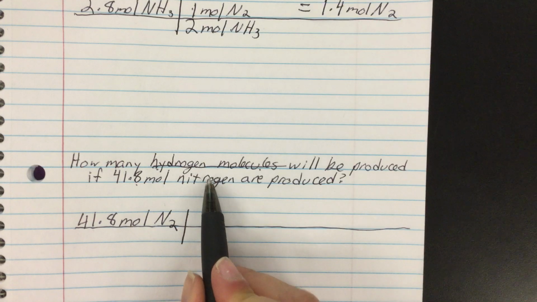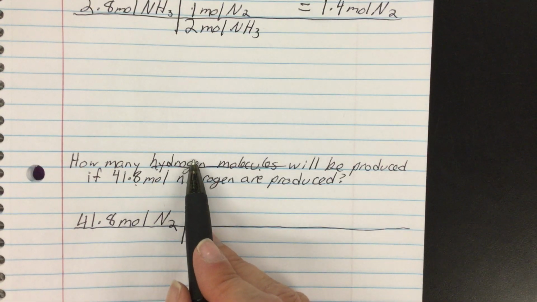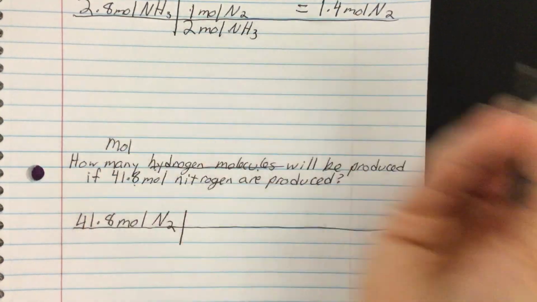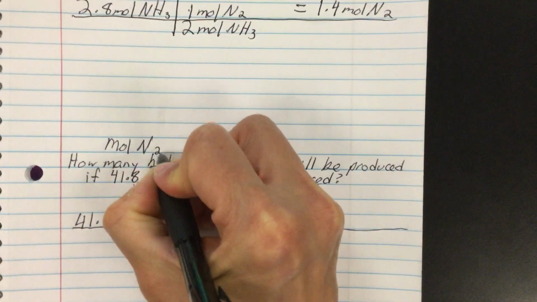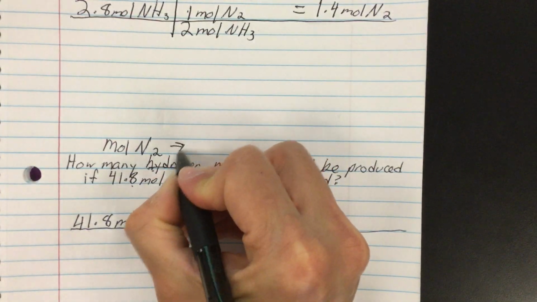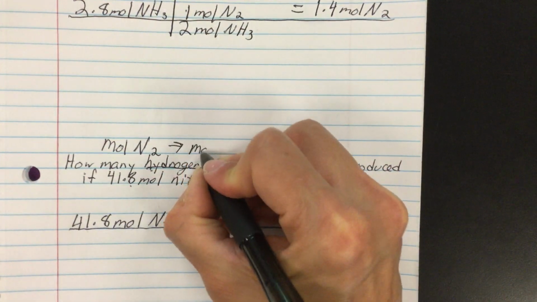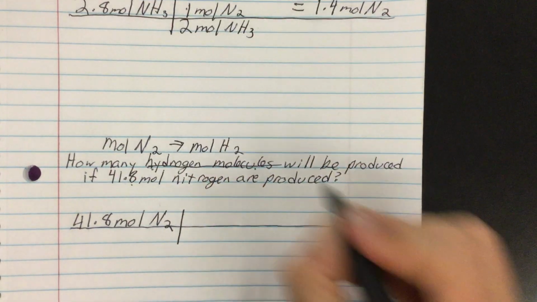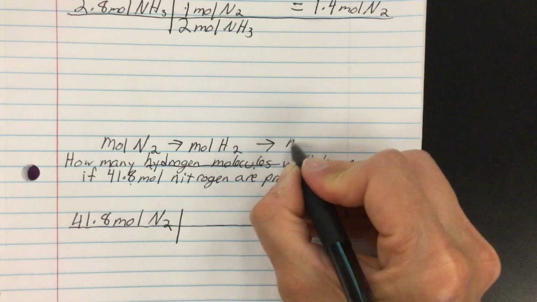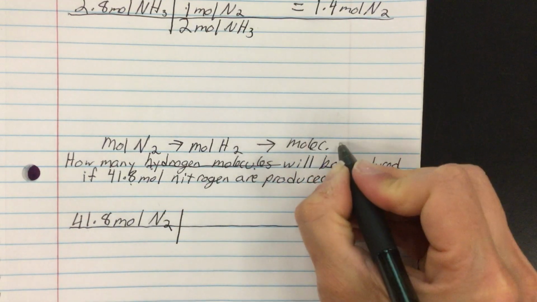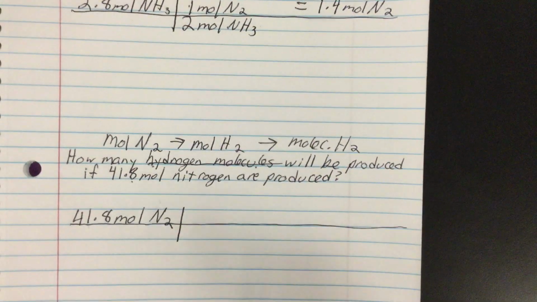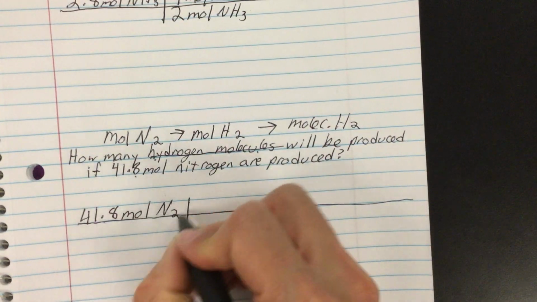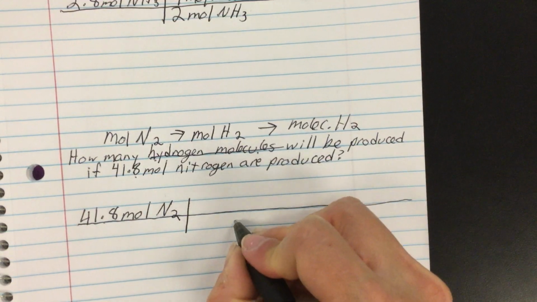Okay, we need to get to hydrogen molecules, but you'll notice that right now we're still talking about nitrogen. In order to get to hydrogen molecules, you have to have moles of hydrogen. So here, let's look at where we are and where we're going. We have moles of nitrogen. The first thing I'm going to have to do is to change this to moles of hydrogen, and then I can find molecules of hydrogen. So I have moles of nitrogen here, which means, again, whatever's here has got to go down here.